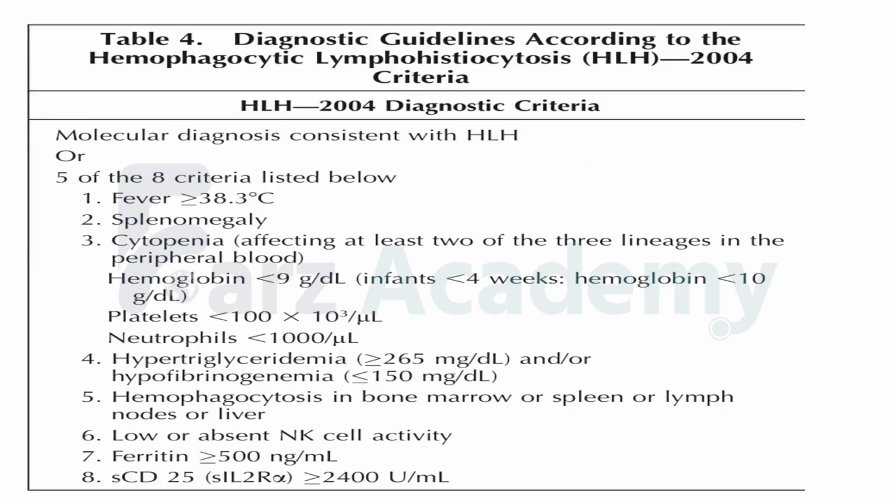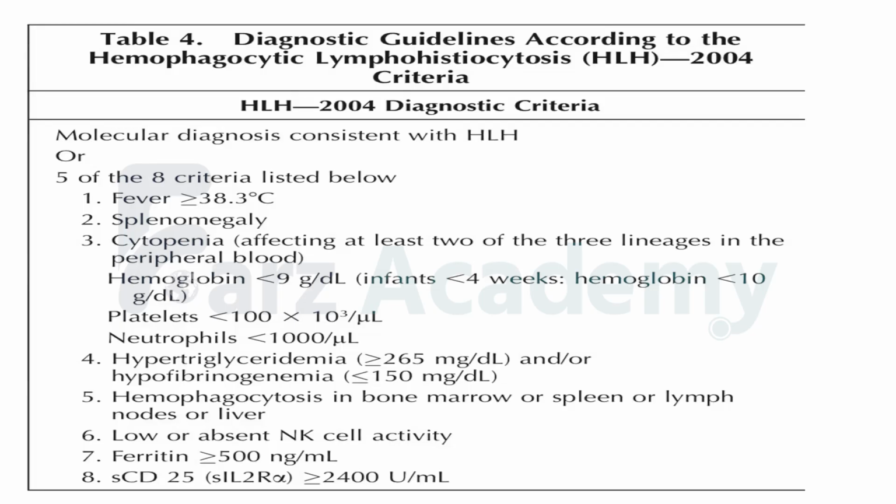Fever more than 38.3, splenomegaly, cytopenias affecting at least 2 of the 3 cell lines, like hemoglobin of less than 9, platelets of less than 1 lakh, neutrophils of less than 1000, hypertriglyceridemia more than 265 milligram per dl, low fibrinogen levels less than or equal to 150, hemophagocytes in bone marrow or spleen or lymph node or liver biopsy, low or absent NK cell activity, ferritin levels more than or equal to 500 nanogram per ml, and soluble CD25 which is raised.